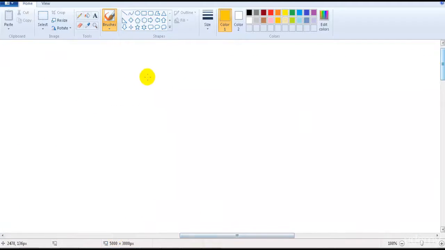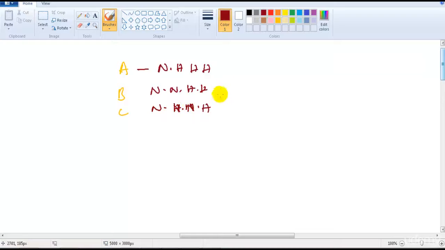Now, why are we getting different size ranges? Because of the number of host bits. In A class, we have one network portion and three host portions, in B class two network and two host, and in C class three network and one host portion. In C class we have 8 host bits, so 2 to the power of 8 is 256.